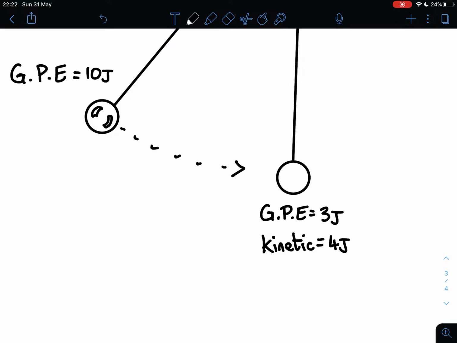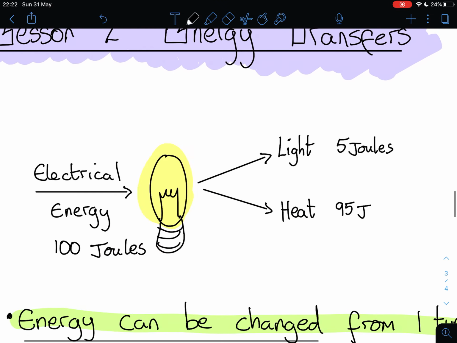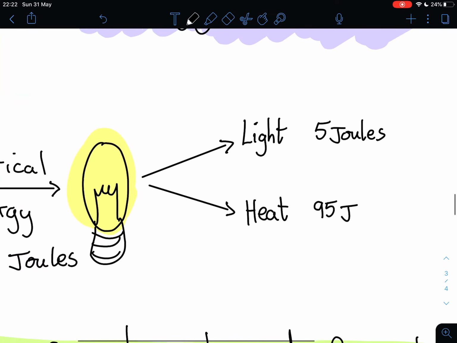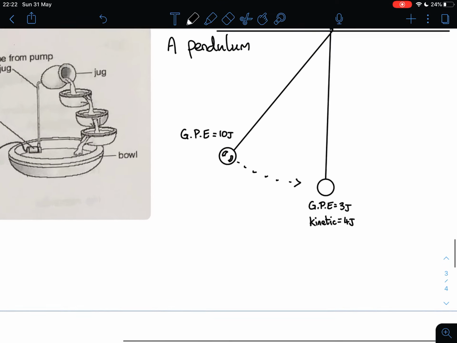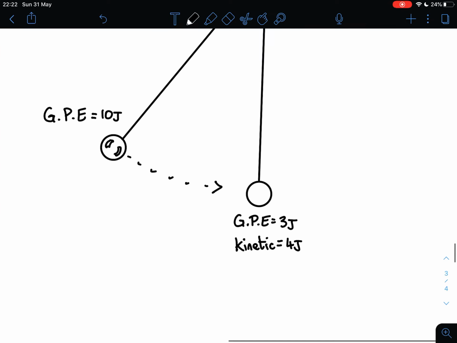But I hear you say, when you did that example earlier, Mr. White, with the light bulb, you said the 100 was shared out between the 5 and the 95, the light and the heat. The 10 only adds up, 3 and 4 makes 7. Where's the rest?